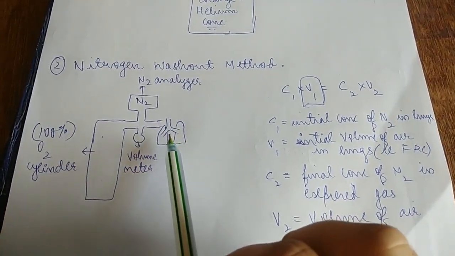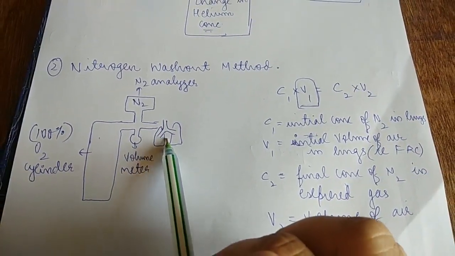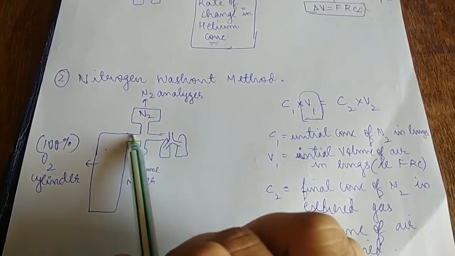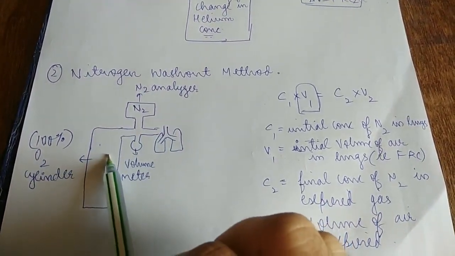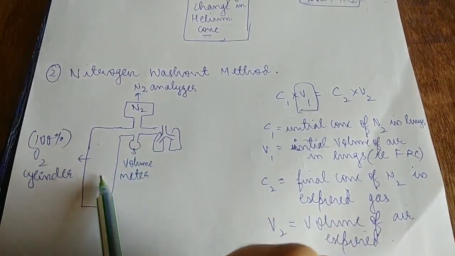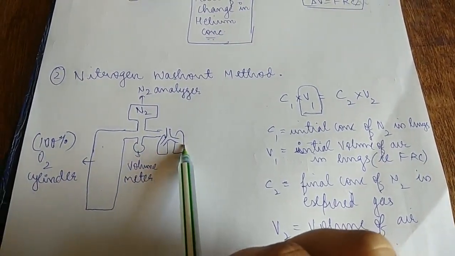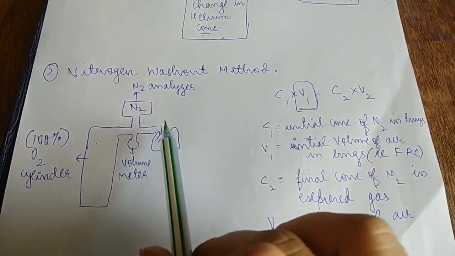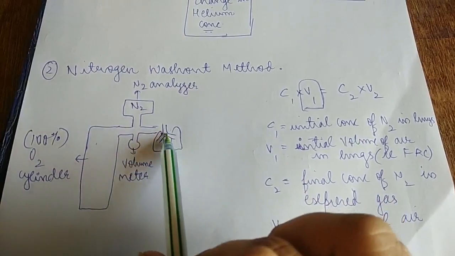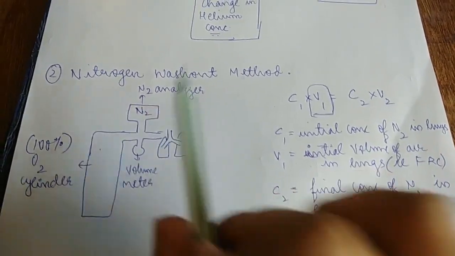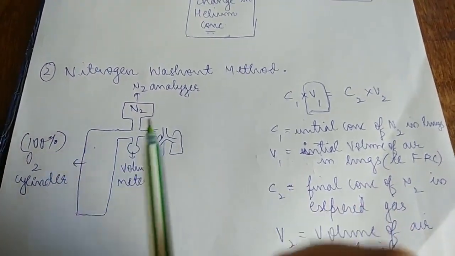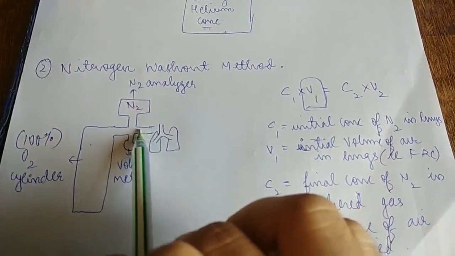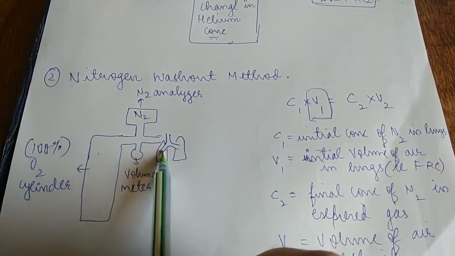At the end tidal expiration, the person is asked to breathe through this circuit, which contains 100% oxygen, and this process is continued until the N2 in the expired air comes to 0. Once the N2 analyzer shows that the nitrogen in the expired air is 0, this process is stopped.